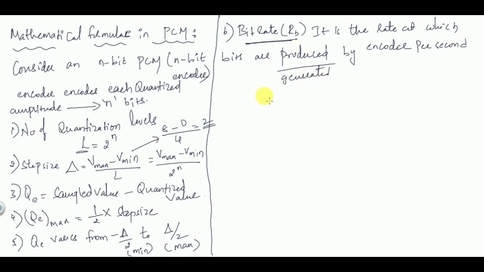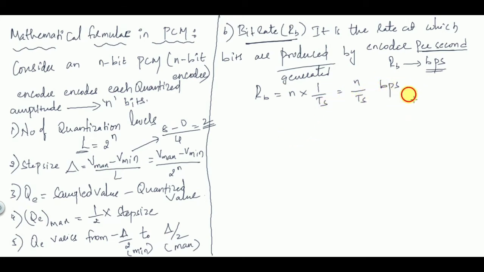Its units are bits per second. So RB is equal to n into 1 by ts, that is n by ts bits per second.